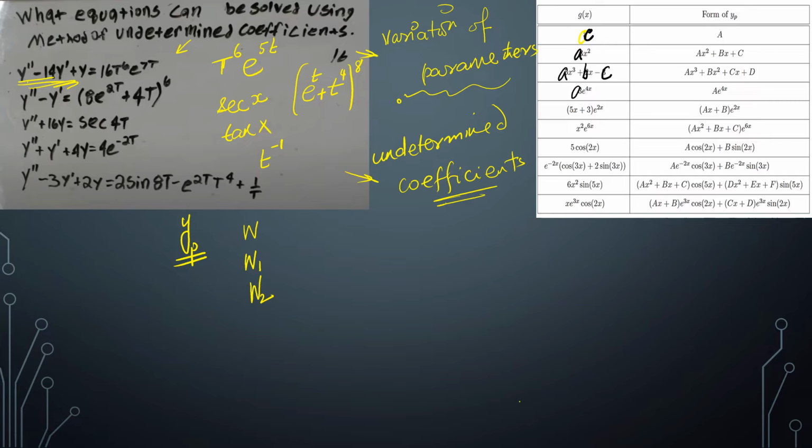If something is written with an e to the power of bx, for example, you will write a e to the power of the same bx. But if before the e to the power of bx a polynomial function is written, say ax plus b, you will write ax plus b and then e to the power of the same power.